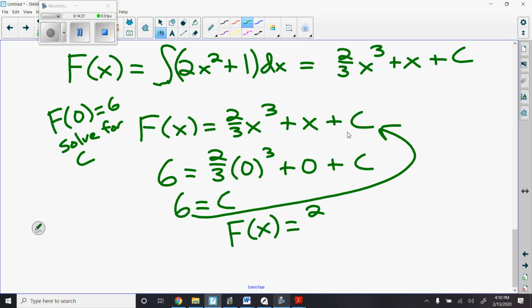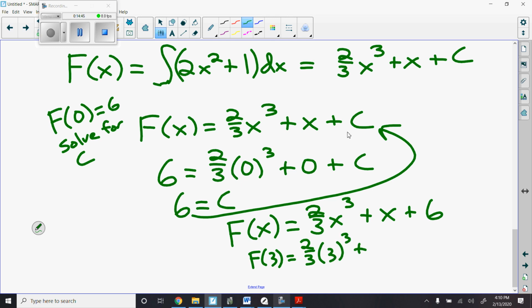Capital F of x must be 2/3 x cubed plus x plus 6. Then I can calculate capital F of 3 to be 2/3 3 cubed plus 3 plus 6. And again, this is 18 plus 3 plus 6, which gives me my answer of 27.